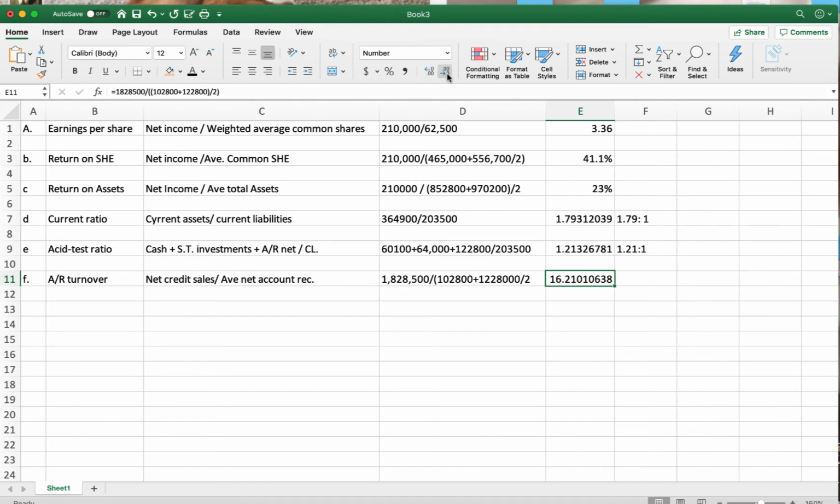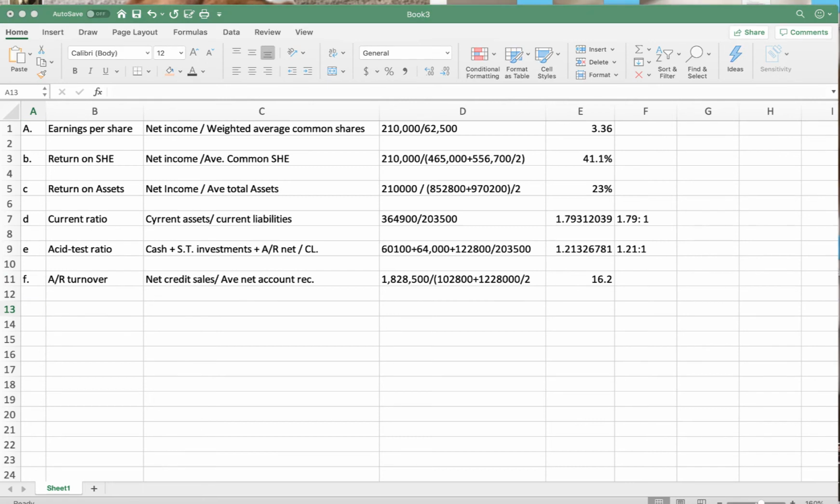Okay, 16.2 times. So what's that mean? Well, they turn over their accounts receivable 16.2 times per year, and that measures the liquidity of accounts receivable.